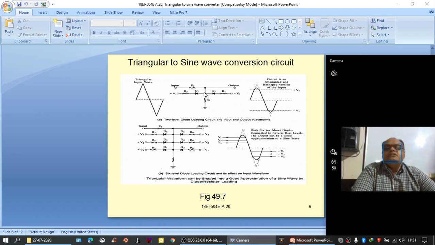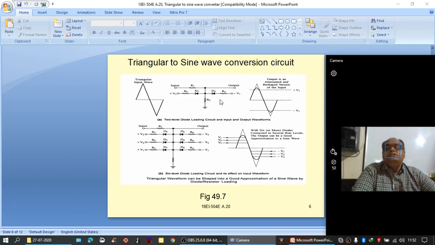At one particular point, when the potential here, which is nothing but the cathode potential and is equal to Vin by R1 plus R2 into R2, is lesser than minus V1, diode D2 is forward biased and starts conducting.